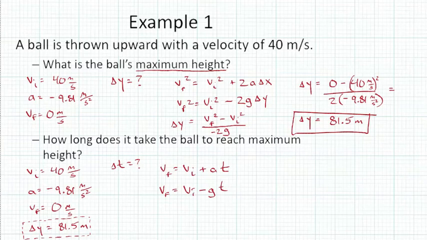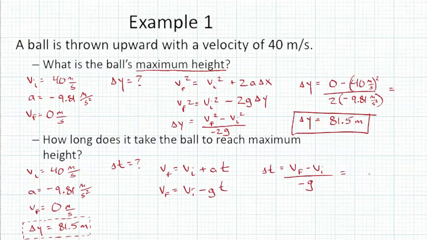I'm going to subtract VI from both sides. So delta t is going to be VF minus VI. And then to get the g out of there, I'm going to divide by negative g. That's going to equal time, or my change in time.